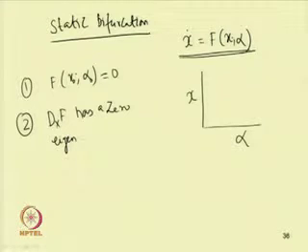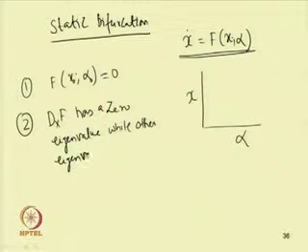At least one eigenvalue should be 0, while all other eigenvalues have non-zero real parts.